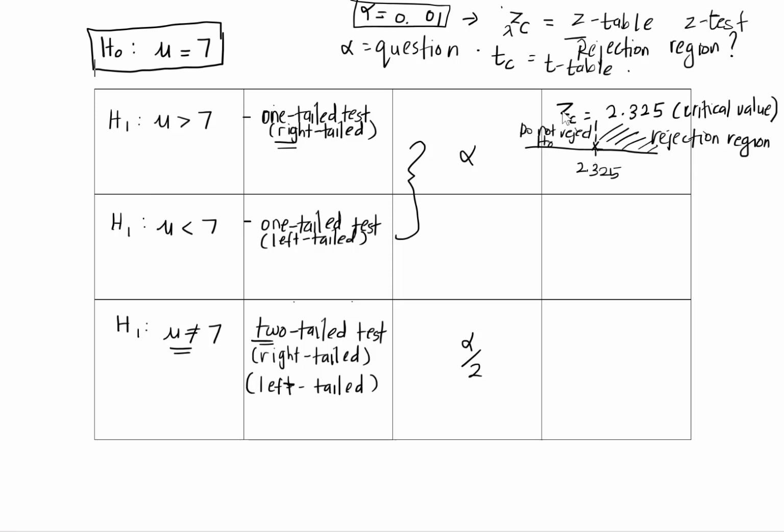This is our critical value; for 0.01 we already get 2.325. The critical value separates the rejection region and the non-rejection region. For a right tail test, this is the rejection region and this is the non-rejection region.